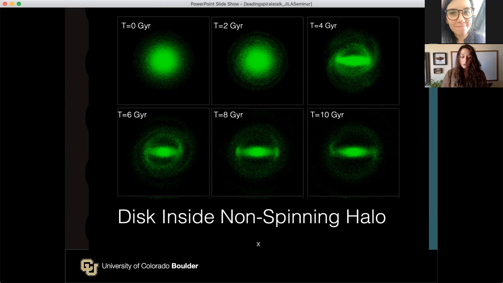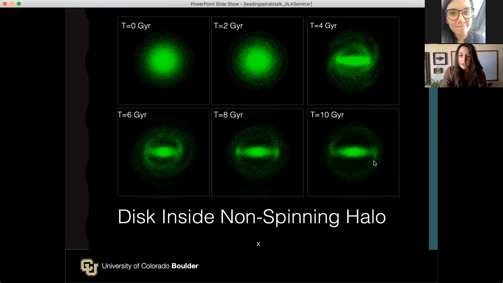Bars work to lower the energy of the disk, condensing in the central region and moving angular momentum outward. To do this, they generate spiral arms. As the bar breaks against the outer disk and halo and slows down, these spiral arms carry angular momentum outward and move to larger and larger radii, which you can see here. So these arms, they start pretty close to the bar, and by later times, they're farther from the bar.